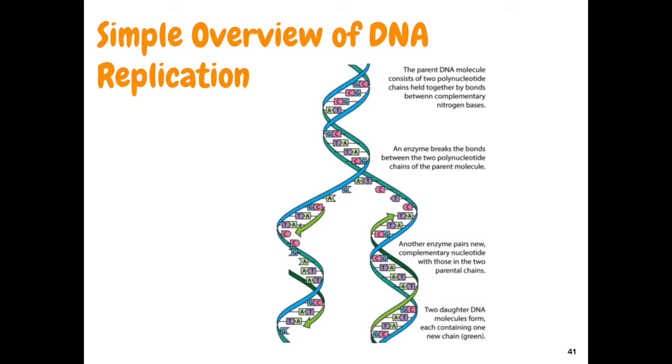As they read those bases, they'll take free nucleotides that are floating around in the environment surrounding the DNA, and add those free nucleotides that are complementary to whatever the template is. So if the template's G, those enzymes are going to pull in a C and they'll hydrogen bond those. And then we'll have two daughter DNA molecules at the end.